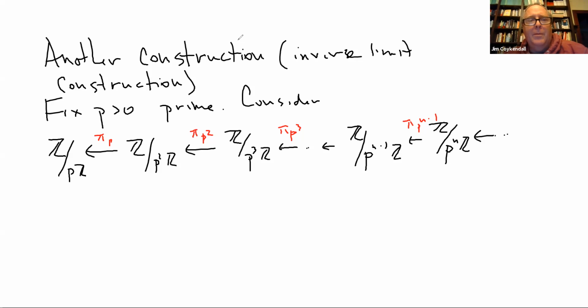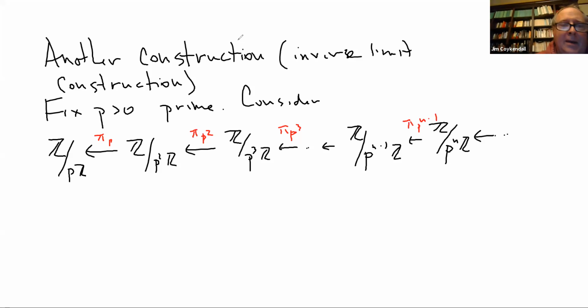The way I get from Z mod P squared to Z mod P is just take any element in Z mod P squared and then reduce it further mod P. So for example, 1 bar goes to 1, but so does 1 plus P, and 1 plus 2P, and 1 plus 3P, and so forth. And the same thing from Z mod P cubed to Z mod P squared, 1 goes to 1, but 1 plus P squared, which is different than 1 in Z mod P cubed, goes to 1 in Z mod P squared.